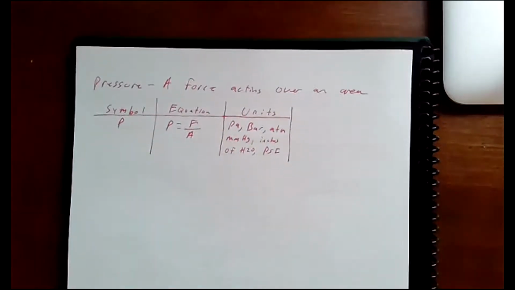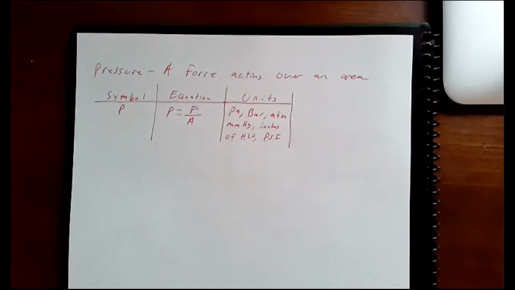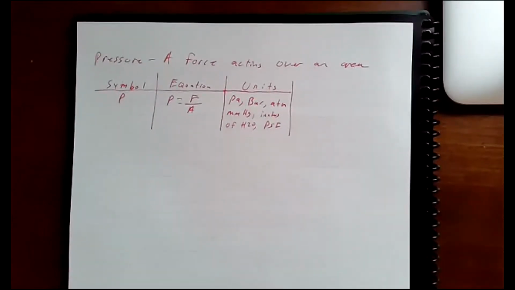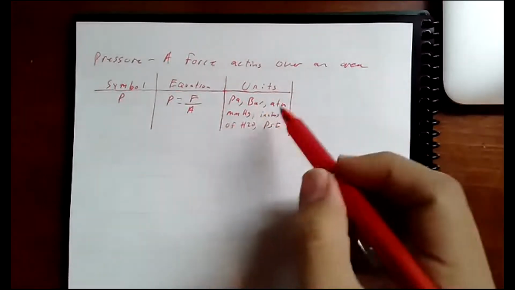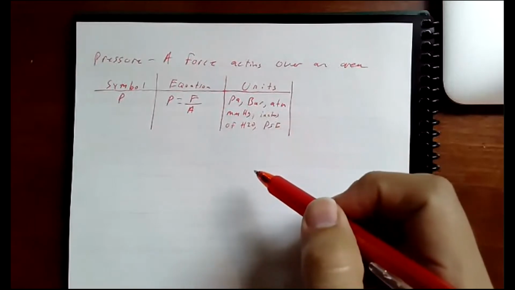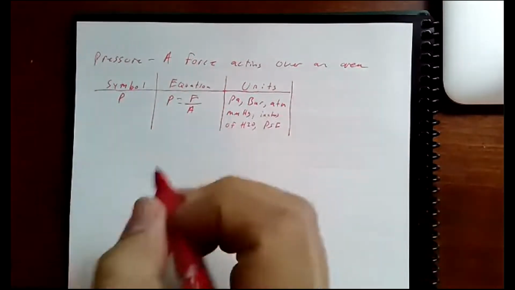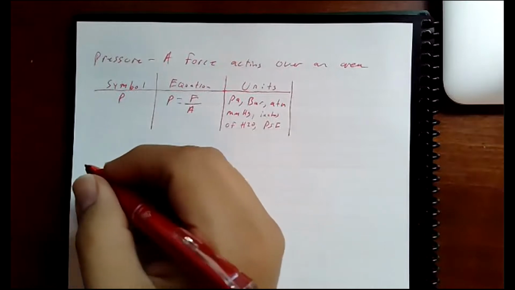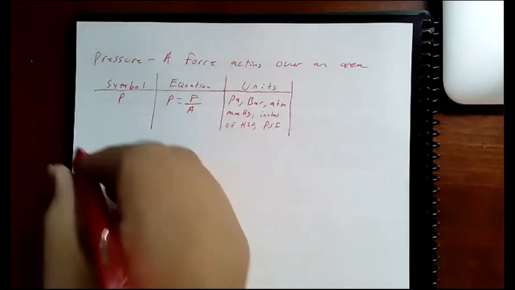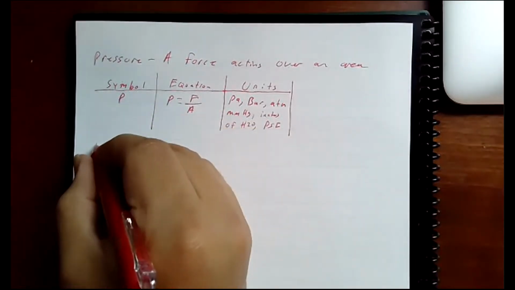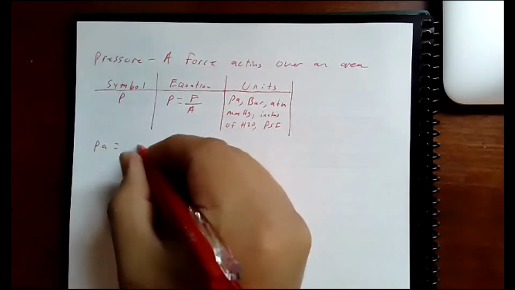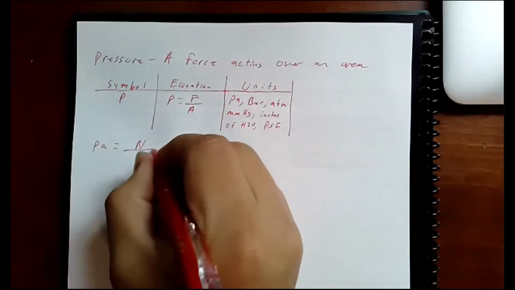Okay. In chemistry and other science journals, I usually run into atmospheres and pascals. I have not run into the other guys as much. But anyway, here are the units for some of these guys. Pascal is PA equal to newtons divided by meters squared.